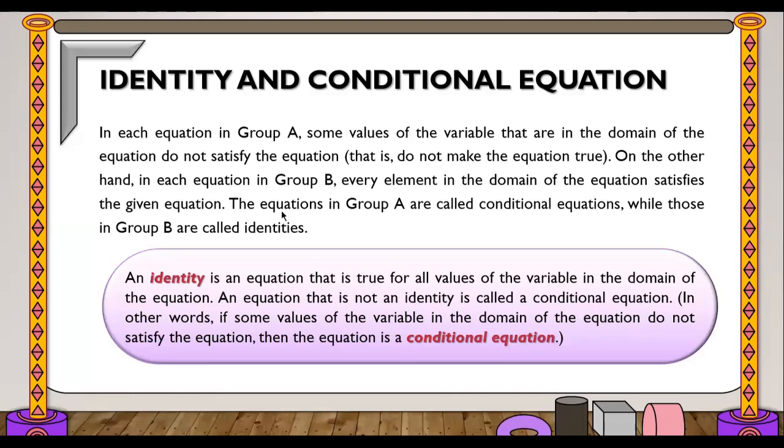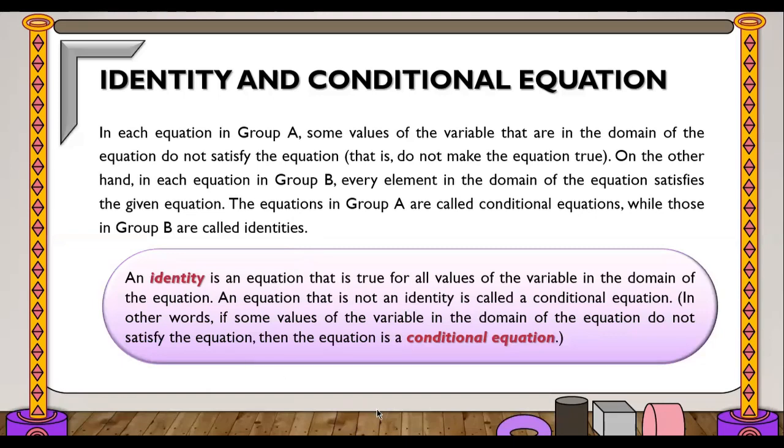Meaning to say, the equations in group A are called conditional equations. Yung lahat ng nasa group A, tinatawag sila na conditional equations. While yung nasa group B naman ay mga tinatawag na identities or identity equations. Kaya tingnan natin yung pagkakaiba ng dalawa.